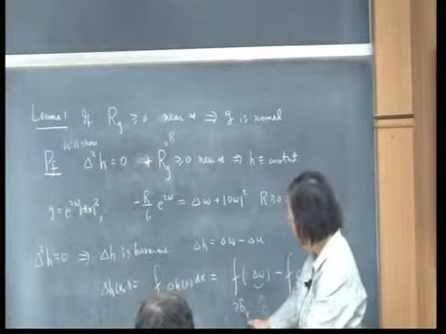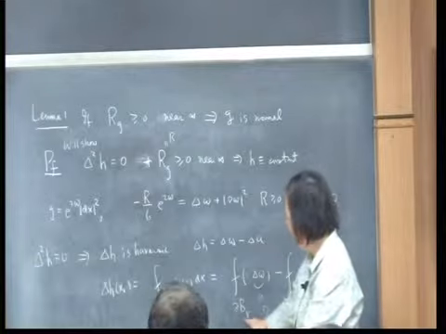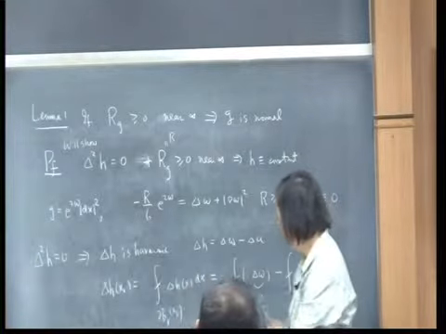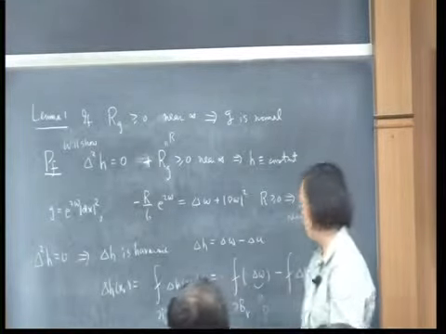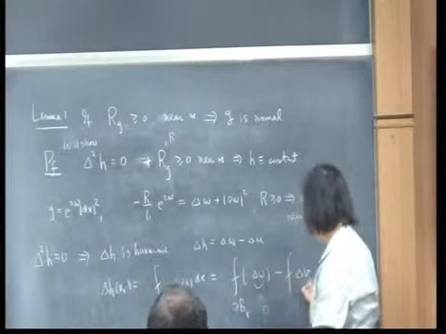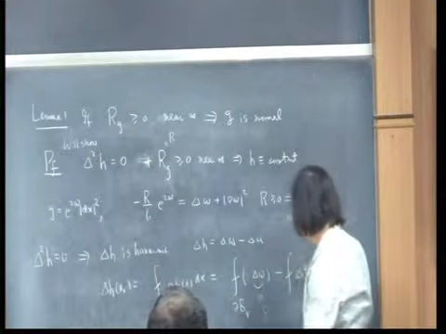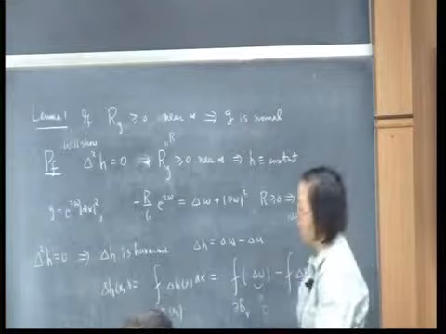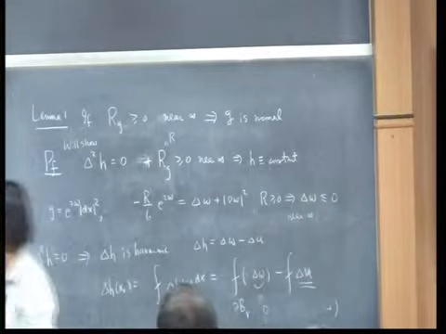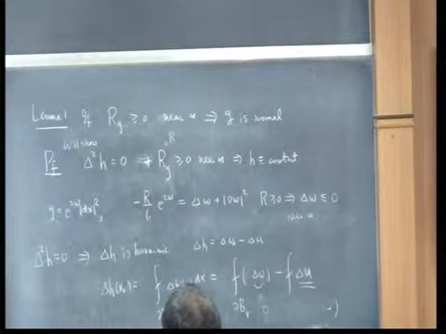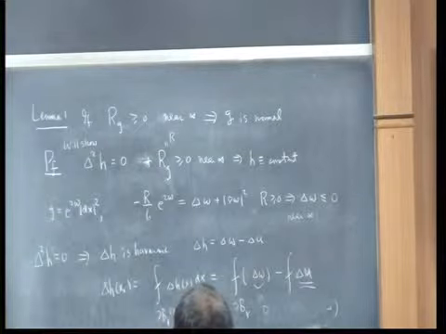Where x naught is near infinity and this ball is very close to x naught, this is negative. And now this function u satisfies this equation, so Laplace of u can be directly estimated.